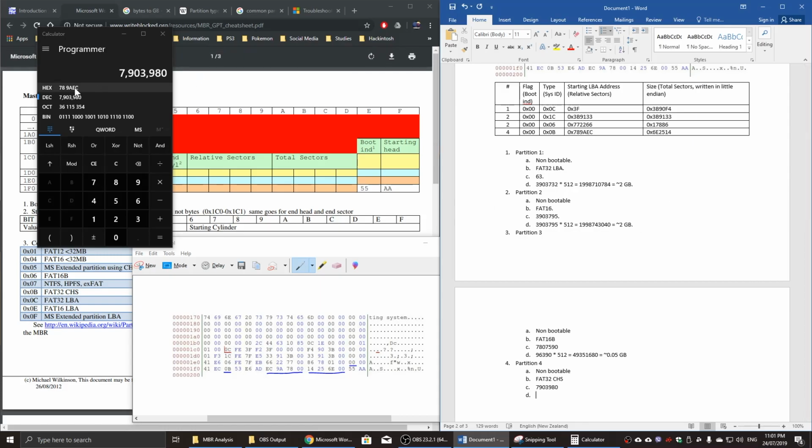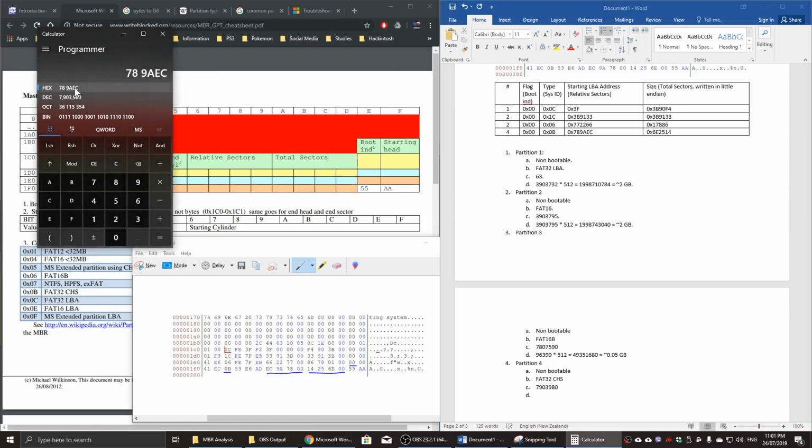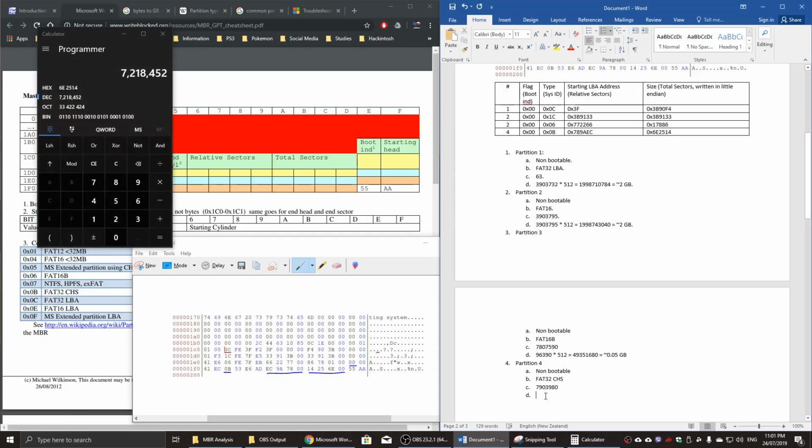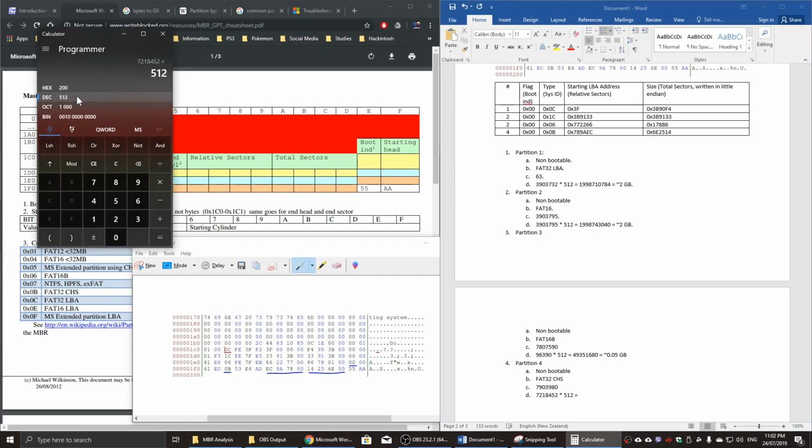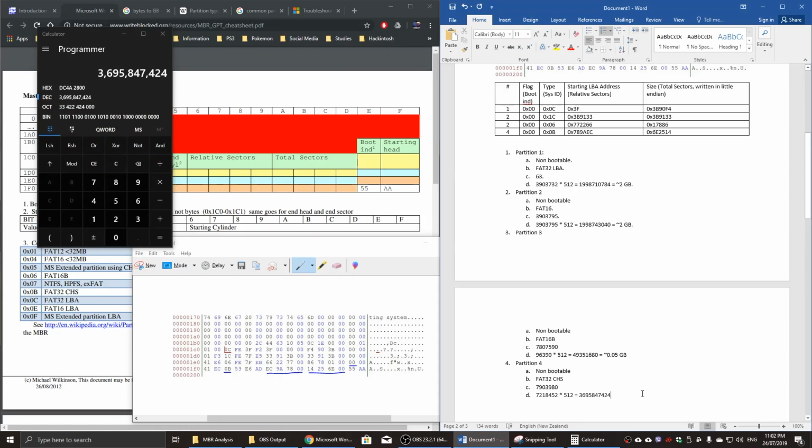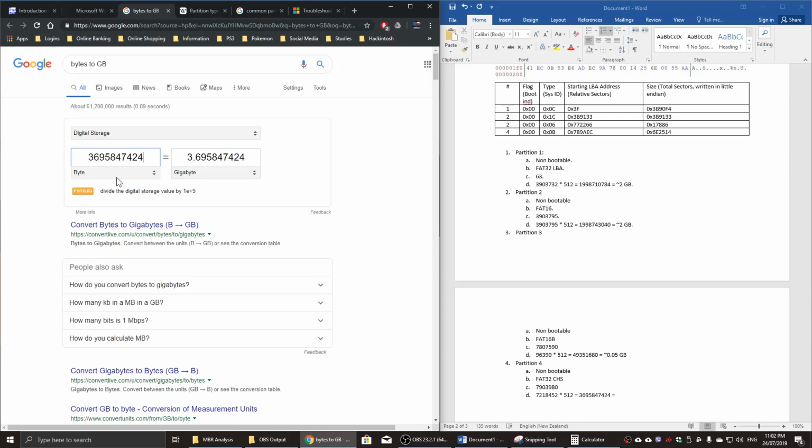And then 6E2514, see the decimal value there. So multiplied by 512 byte sectors, which then equals that much, which in turn equals roughly 3.70 GB.